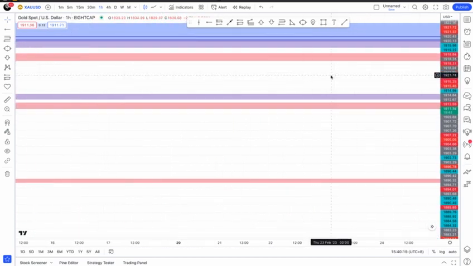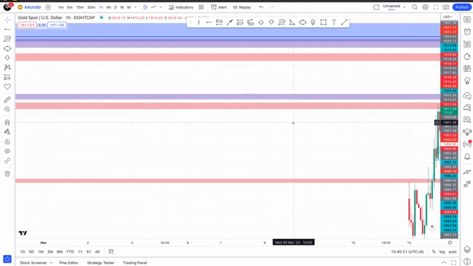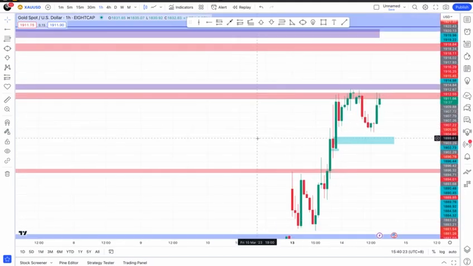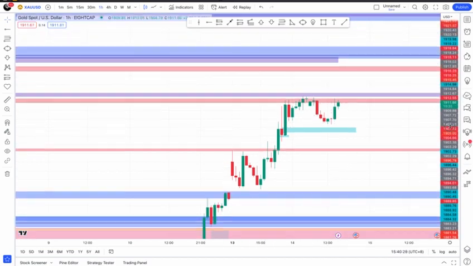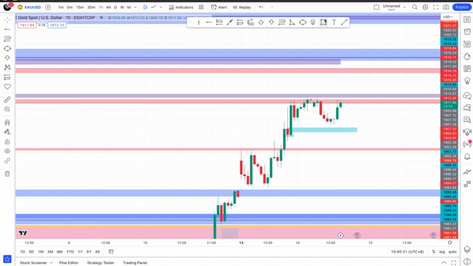So let's go back to this. Right, so for me, what's important is that if price really wants to break to the lower side, I believe that first it should not break above this level. So let's just say that it's ranging around this area.